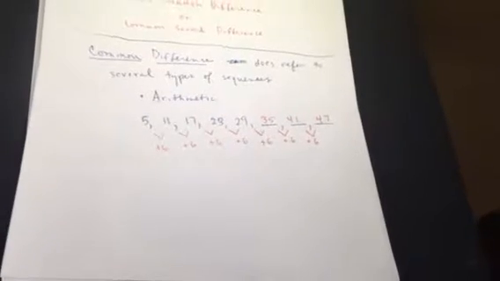So if I have only one level until I get the same number, I'm adding 6 each time, that's called an arithmetic sequence. But it also fits the category of a common difference.